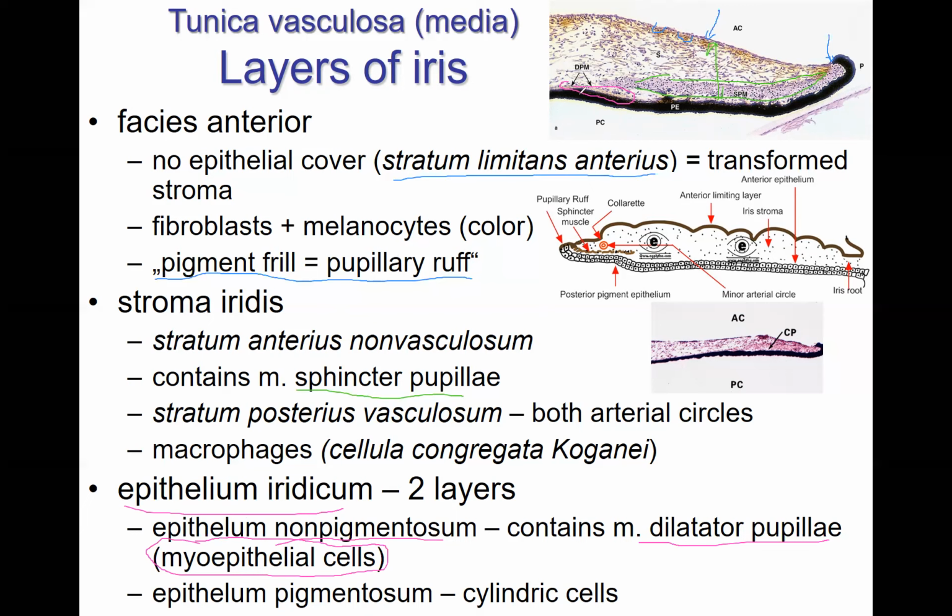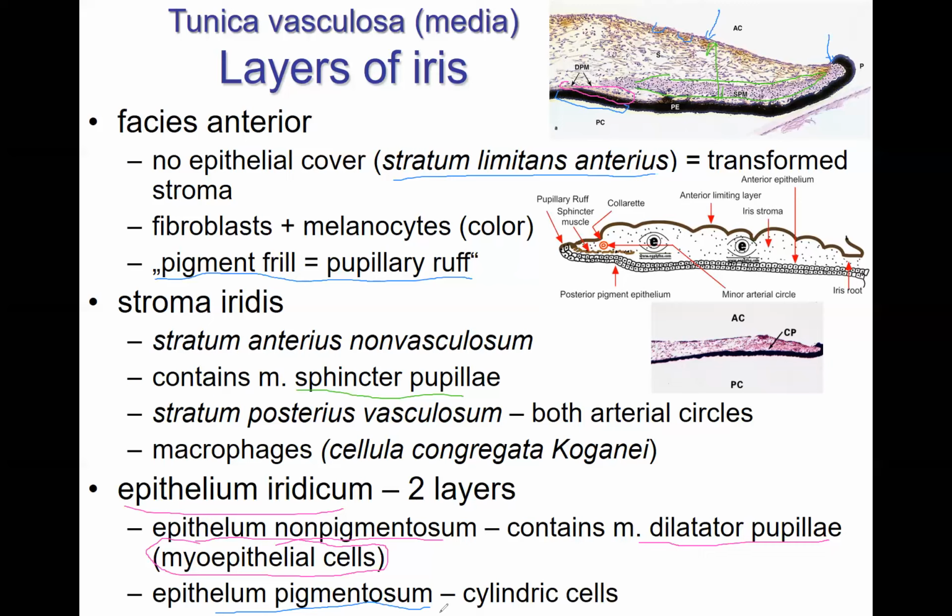And then the very posterior layer is the continuation of the pigmented layer of the ciliary body, so it's the pigmentous layer. Both the ciliary body and iris are covered with pigmented and non-pigmented epithelium, but they are opposed. In the iris, the posterior-most layer is the pigmented.